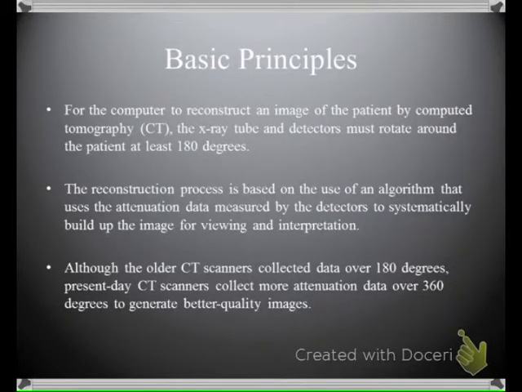So if we begin by looking at the basic principles, we come to the conclusion that for the computer to reconstruct an image of the patient by CT, the X-ray tube and detectors must rotate around the patient at least 180 degrees. We need to circle this because regardless of what type of scanner we use, 180 degrees will come into play.